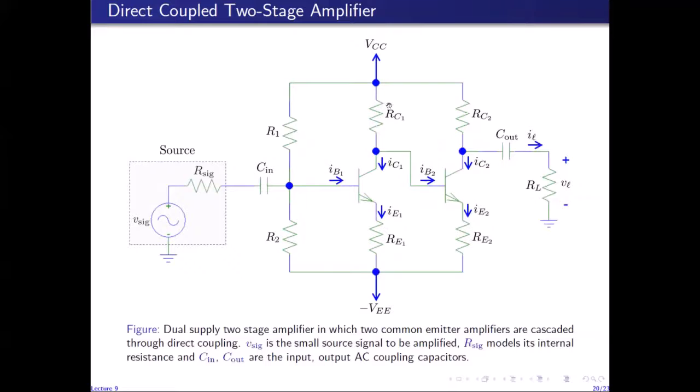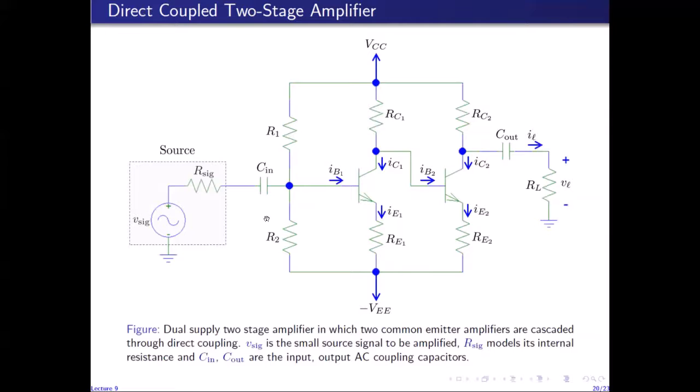It's a dual supply multi-stage amplifier, and the first stage is a common emitter amplifier, again without bypass capacitor, and the second stage is another common emitter amplifier without bypass capacitor. But for the second stage, there is no R1, R2. The DC currents and voltages in the first stage are used to bias the second stage as well.